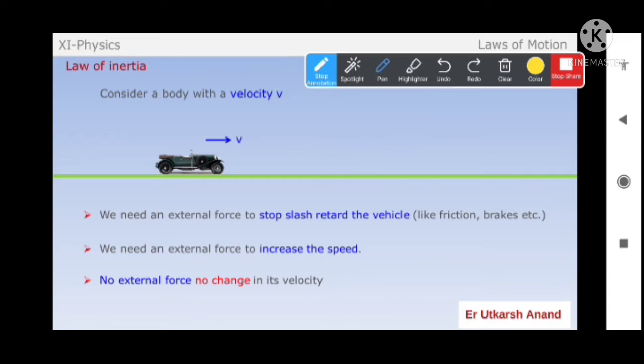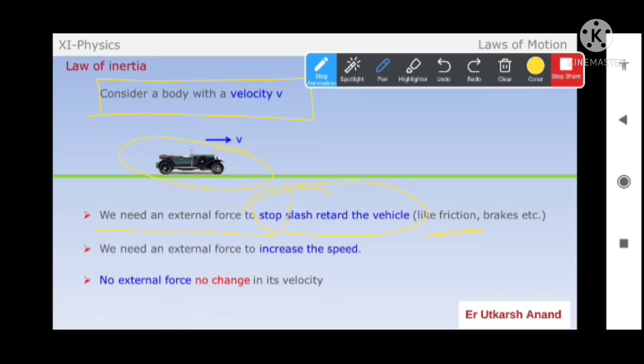Here let us try to understand that we are considering a body which is moving with a velocity v. In this case you see a car. This is an old designed car. I would love this antique car. I don't know what the name is. Well, we need an external force to stop or retard the vehicle, right?